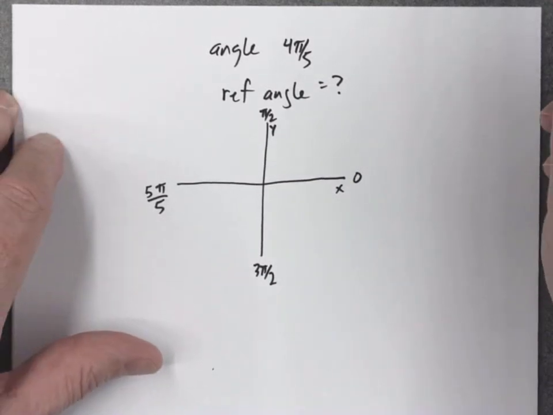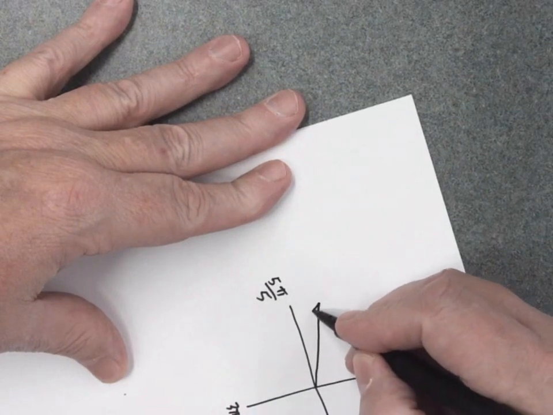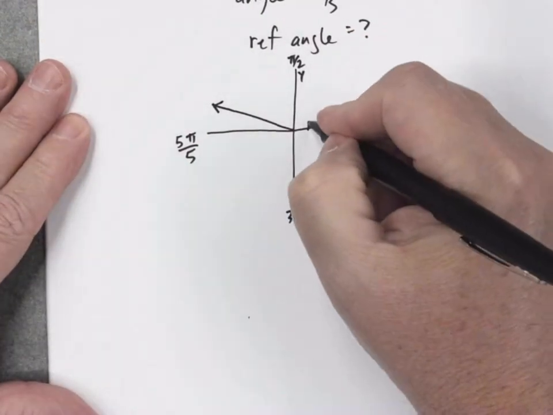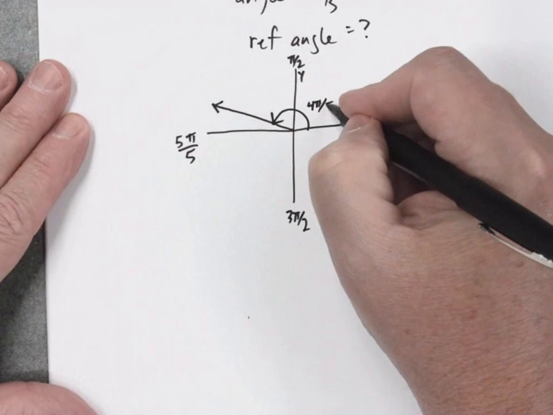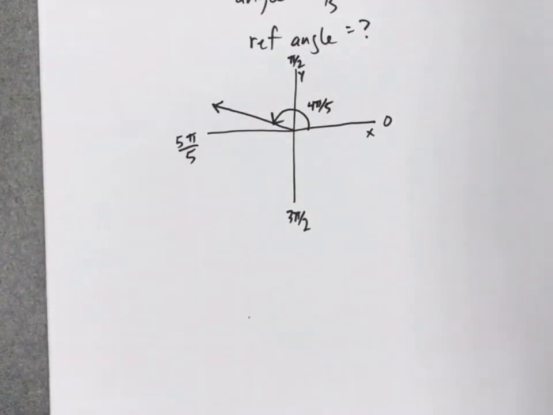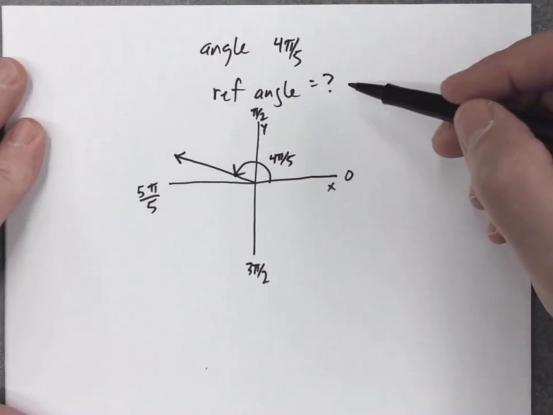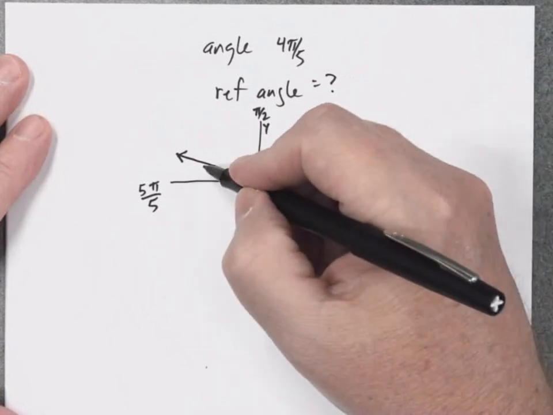I can probably guess there's a 4 pi over 5 angle. But what I'm asked for is the reference angle. So it's pretty clear.